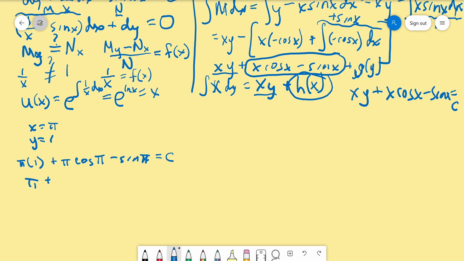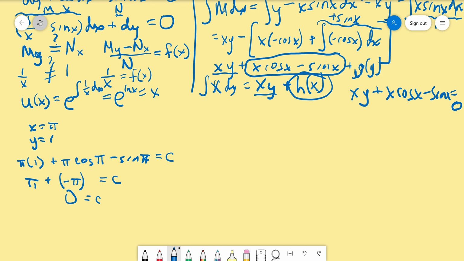Negative 1 times pi is going to be negative pi. And then sine of pi, well, that's just 0. So what do we get? C equals 0. So our equation is actually xy plus x cosine x minus sine x equals 0.